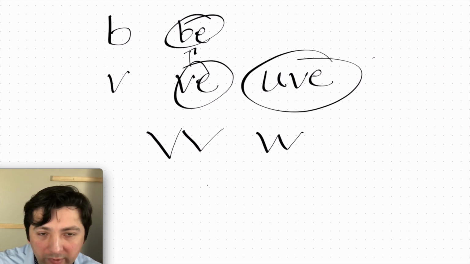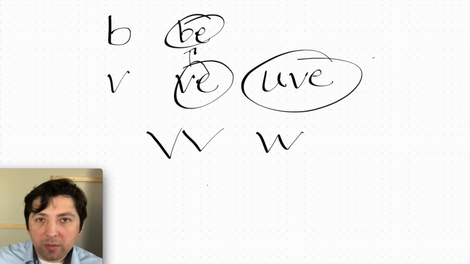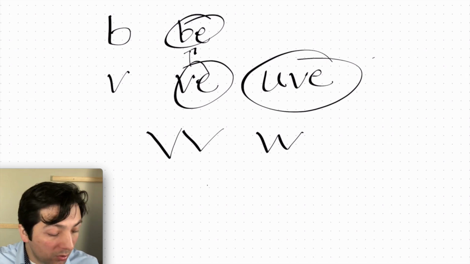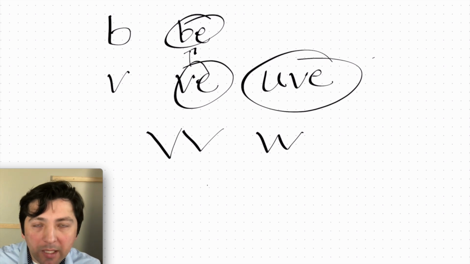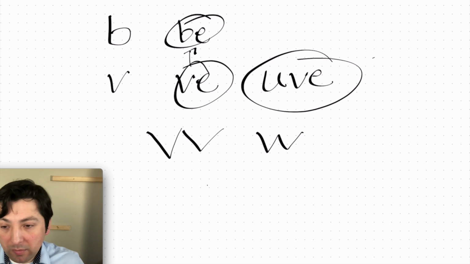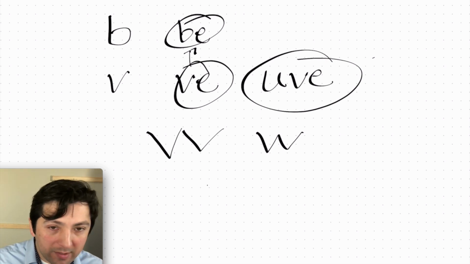Either one of the three is correct. I would say the most common is probably going to be the W, followed by W. And if you ever hear WV, please let me know, because I think that would be incredibly rare, if possibly not existent. So that's something to keep in mind.